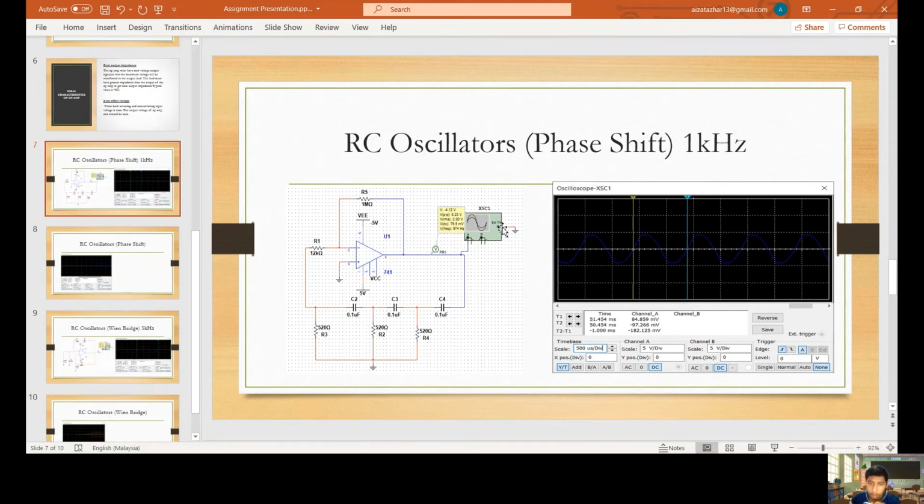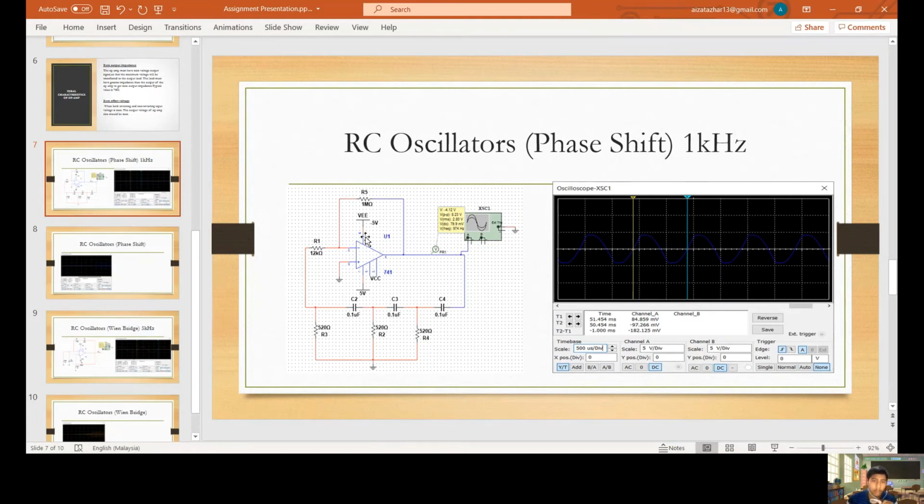Based on frequency equals 1 over T, we get the period as 1 millisecond. So when we divide 1 over 1 millisecond, we get 1 kilohertz.